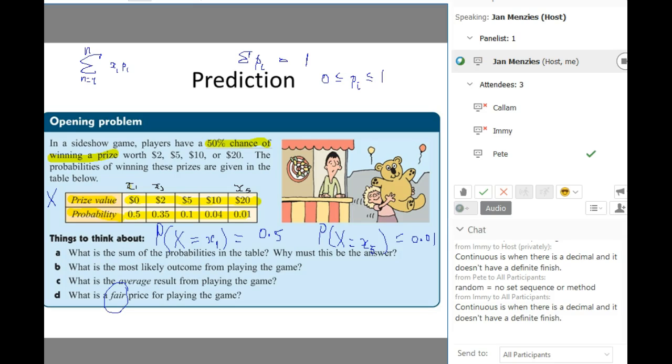A fair price is defined to be the amount that you expect to get back in the long run being equal to the amount you pay out. So the gain is zero. What you pay out and what you get back, the difference, is called the gain. So watch out for definitions that are everyday language words, but we're using them with a special meaning.